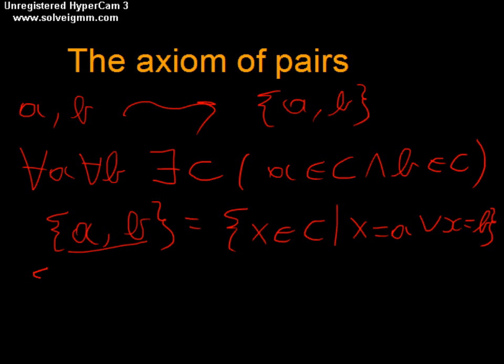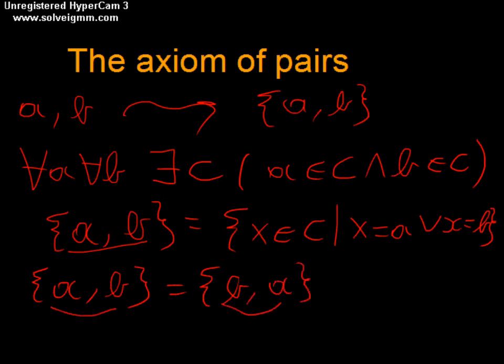Furthermore, extensionality implies that the following sets are equal, so the order does not matter. Indeed, both sets have exactly the same elements. Furthermore, we make the following definition: the singleton A is just defined as the pair AA.